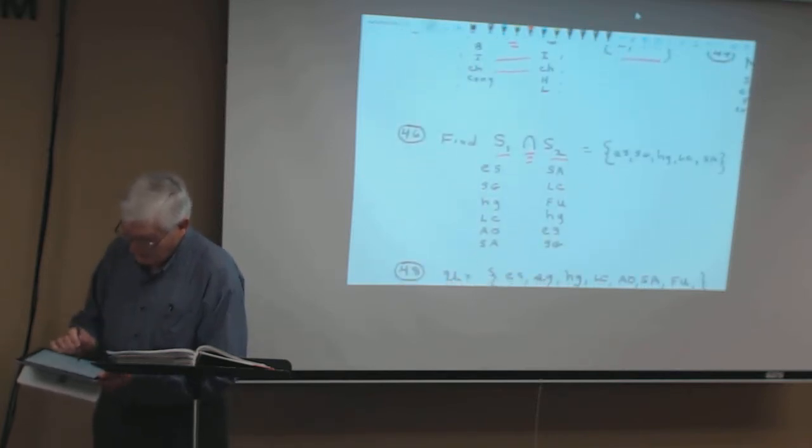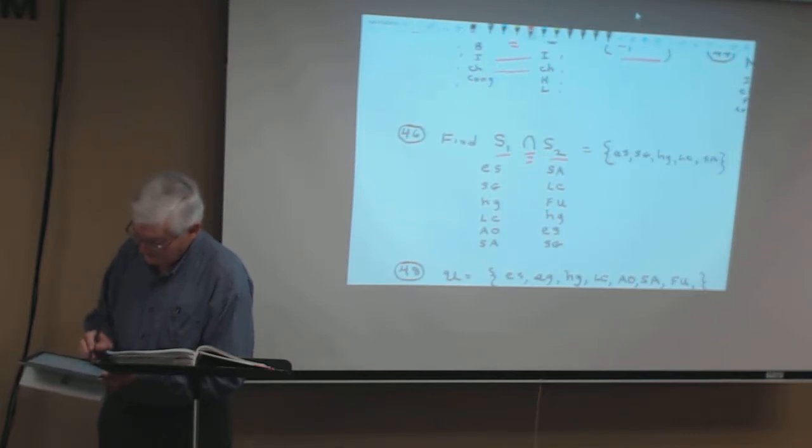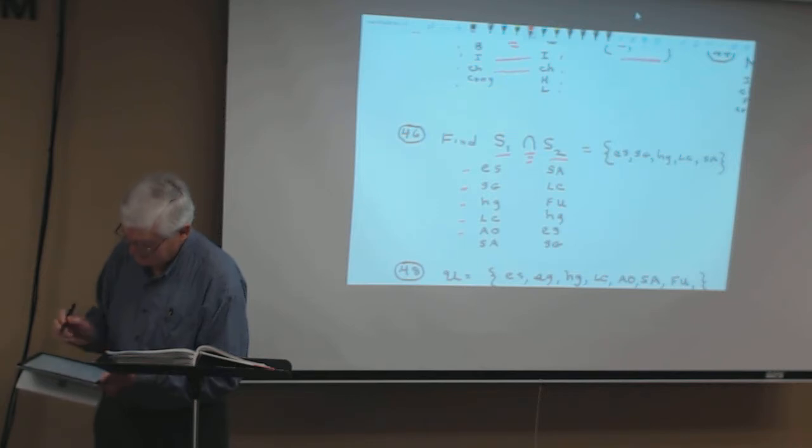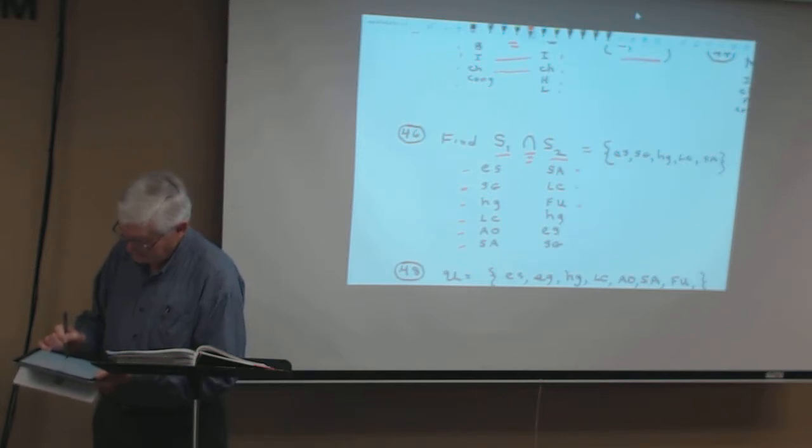Well, what are the elements of S sub 1? ES, SG, HG, LC, AO, and SA. And what are the elements for S sub 2? SA, LC, FU, HG, ES, and SG. Are there any in common? Yeah, here's one. And here's one. See what I'm doing?